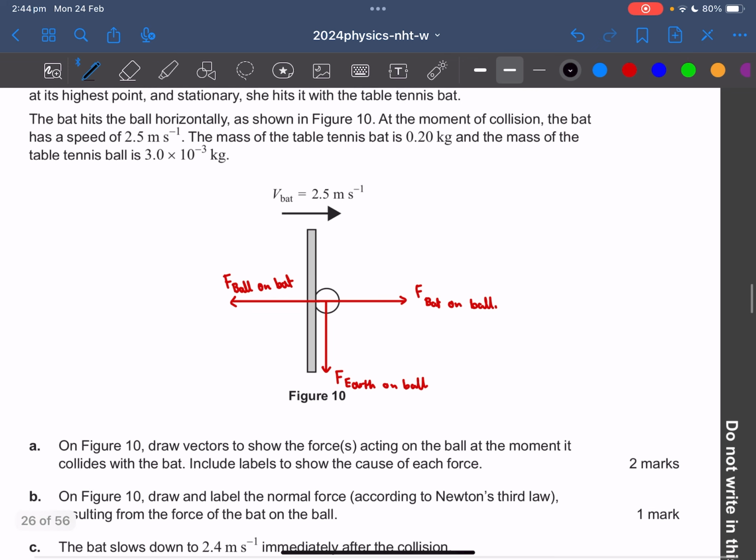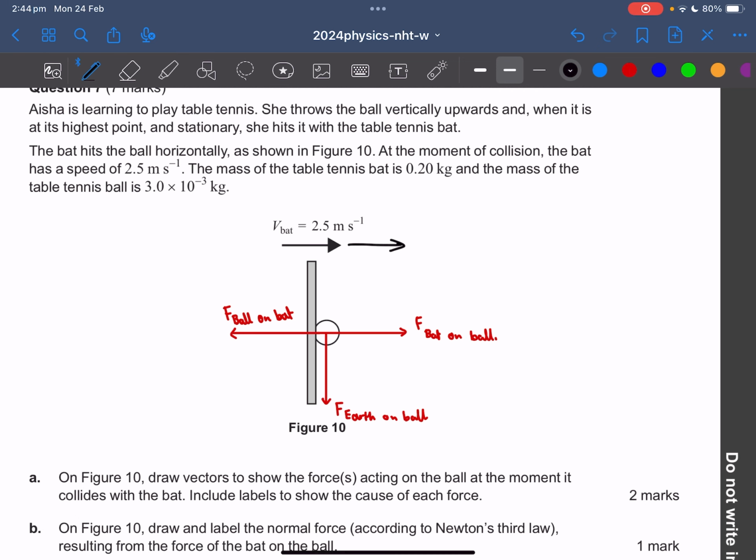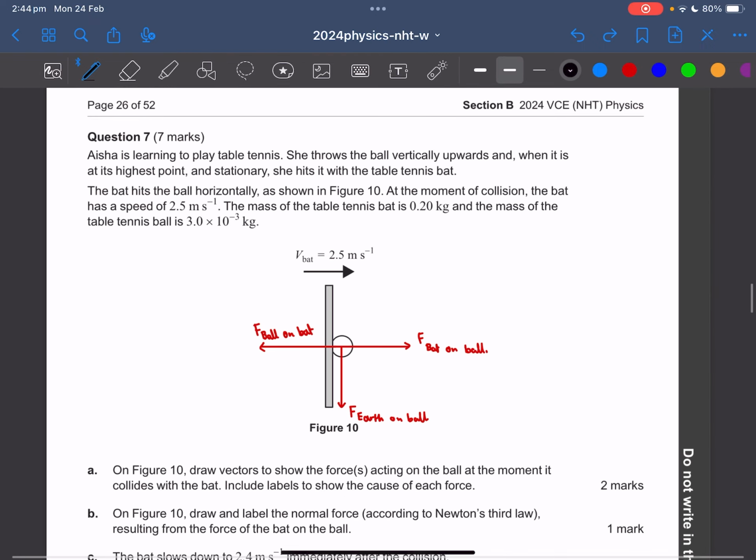And then the other thing is that during this collision, there's only velocity pointing horizontally, and there is no vertical velocity either. Meaning that the change in the horizontal momentum will be quite significant, while there will be little to no change in the vertical direction. So I guess that's why gravitational force can be neglected. Okay, hopefully that made sense.